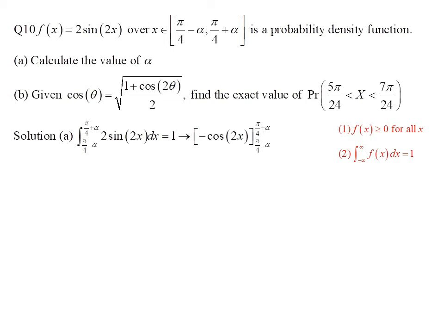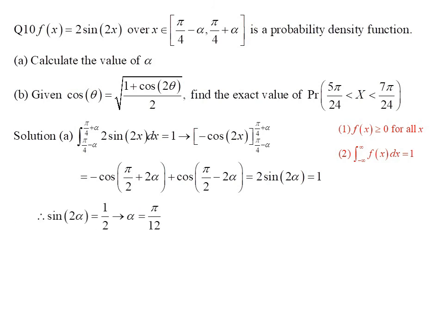Secondly, the total area enclosed by the PDF and x-axis is equal to 1. So, according to the second property, the integral of f(x) over the interval from pi over 4 minus alpha to pi over 4 plus alpha is equal to 1. Hence, we solve this equation and calculate the value of alpha, which is pi over 12.